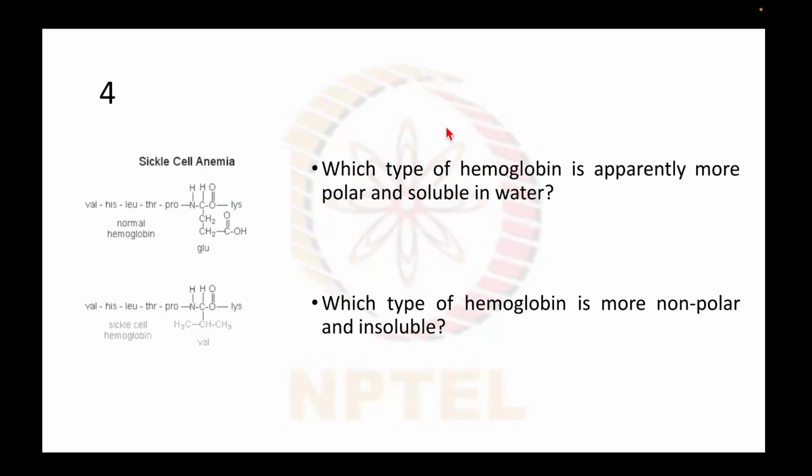So what type of hemoglobin is this? Yeah, so due to the presence of charged and polar amino acid here, the normal hemoglobin is more polar and soluble.